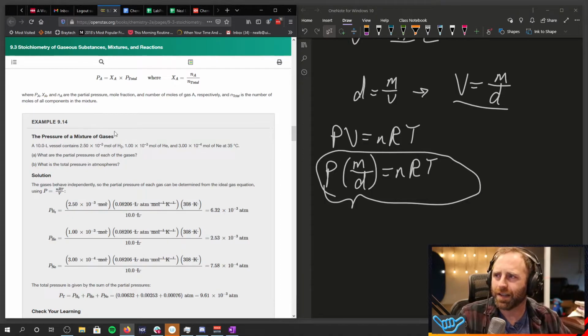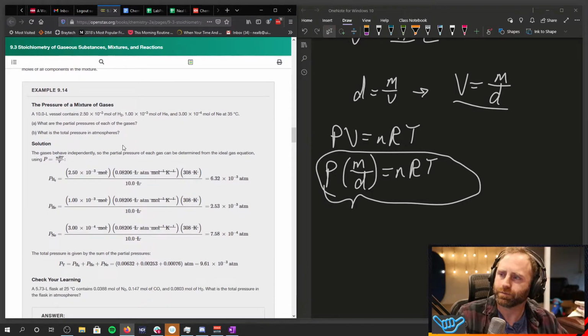So example 9.14 here gives you the count of how many moles of different kinds of things exist in one vessel. So every single one of these things here has a different amount of moles, but they all have the exact same temperature and they all have the exact same volume.